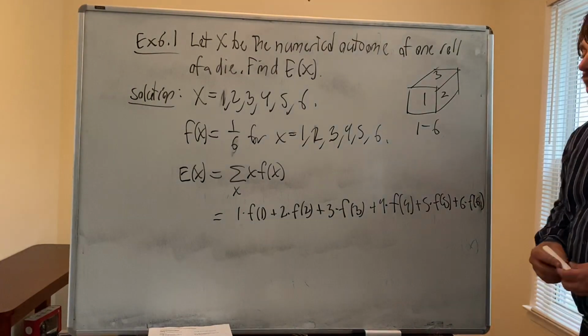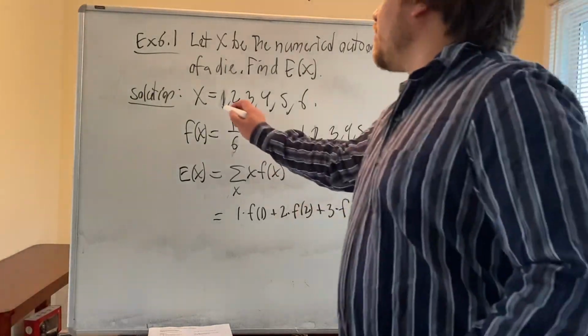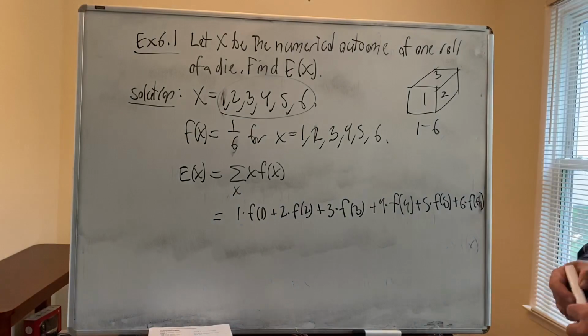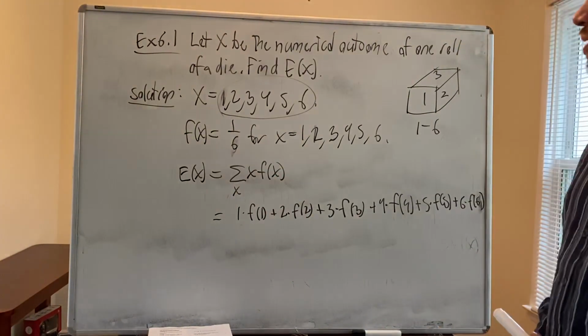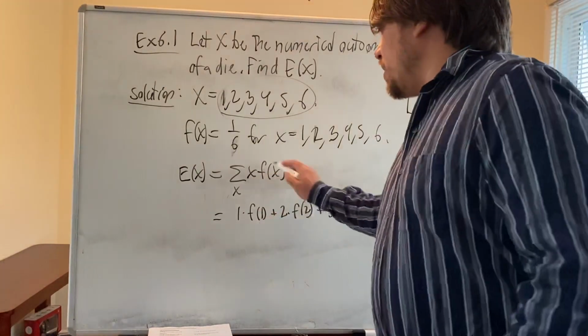All possible values of x are 1 through 6. And so you're just going to take x times f of x when x is 1, 2, 3, 4, 5, or 6, and then you're going to add up those terms.